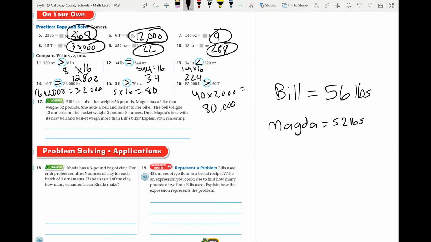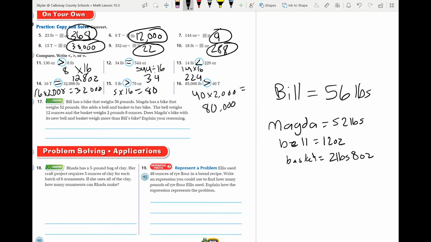And then she also has a bell that weighs 12 ounces and a basket which weighs 2 pounds and 8 ounces. So you're going to need to see which one weighs more.